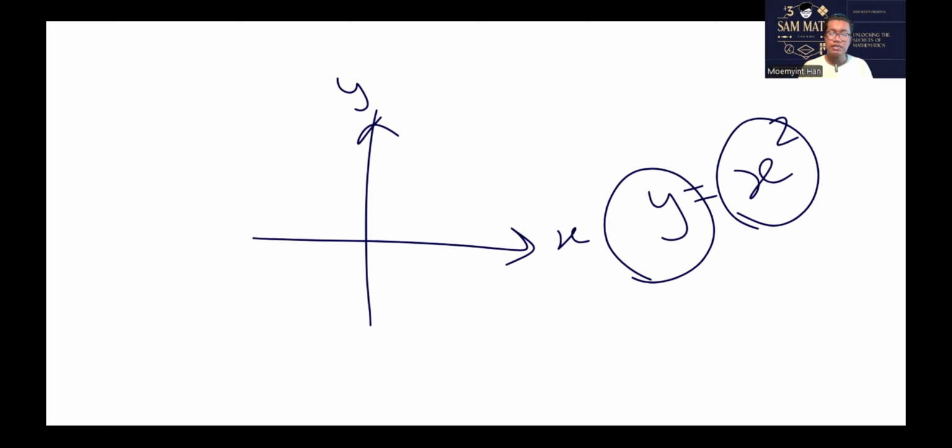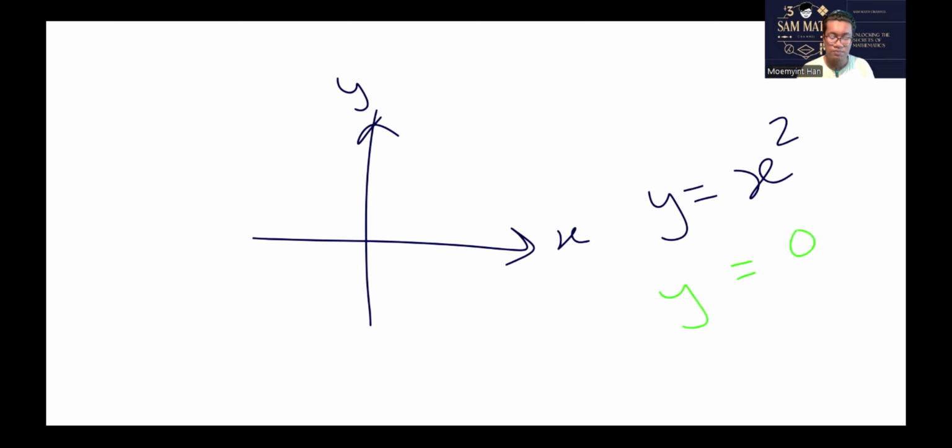So this particular graph is going to start at 0, because if x is equal to 0, y will become 0, because 0 squared is 0. So the first point we're going to start here.